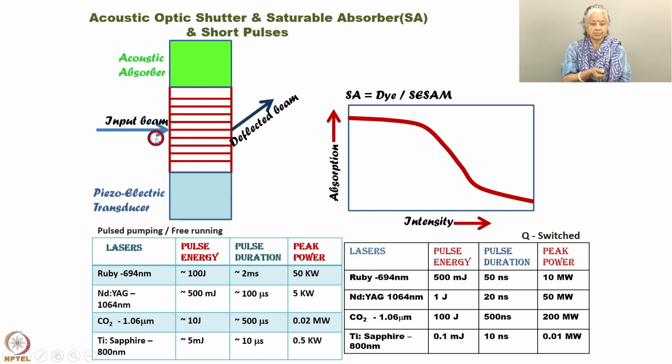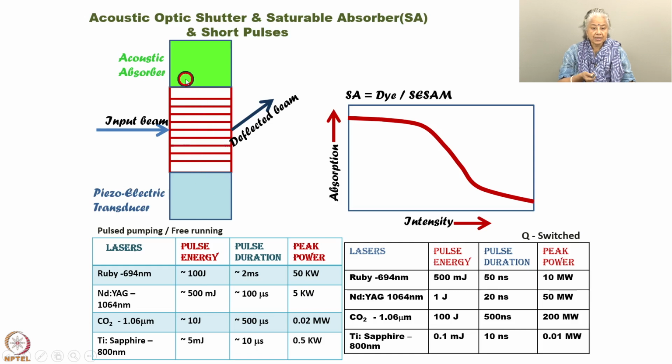Assume it is some kind of a crystal or glass, to which is attached a piezoelectric transducer. You know. So, to this piezoelectric transducer you apply a voltage and the piezoelectric starts vibrating. That is what is piezoelectric. It starts vibrating and that sound vibrations move into this material also. Okay.